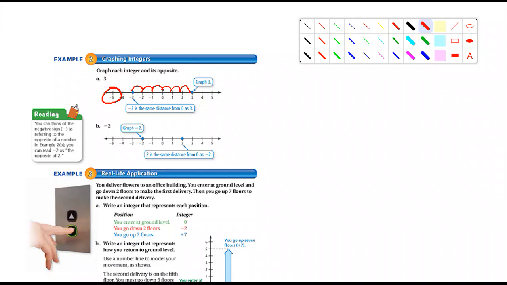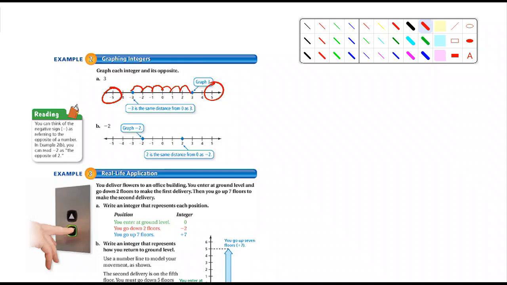Miss Scott, how far is negative 5 from 0? It's 5 away. That's exactly right. Put up 20 points. And then Mr. Lesueur, if I was to ask its opposite, how far is 5 from 0 on the number line? 5. Okay. So when we're talking about distance from 0 on the number line, it's always positive.